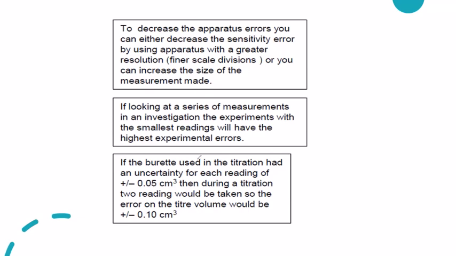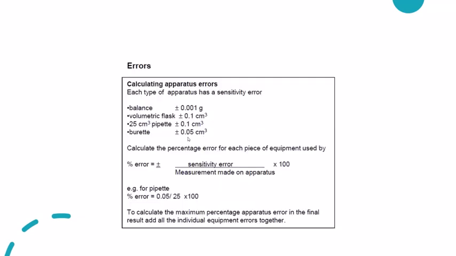And if the burette is used in the titration, the uncertainty of each reading is 0.05. So the total uncertainty will be 0.1, because when we are reading a burette, we are reading a scale twice and then calculating a difference in volume. Even though this is written 0.05, it will be twice, because we have to read the initial volume and the final volume, and then take the difference.